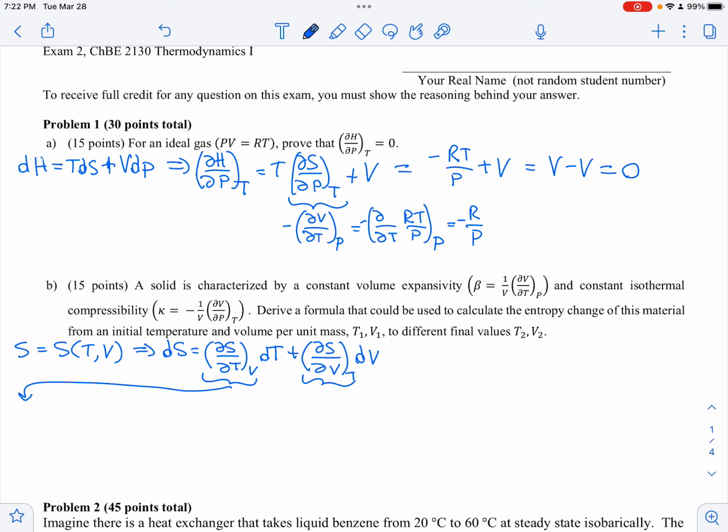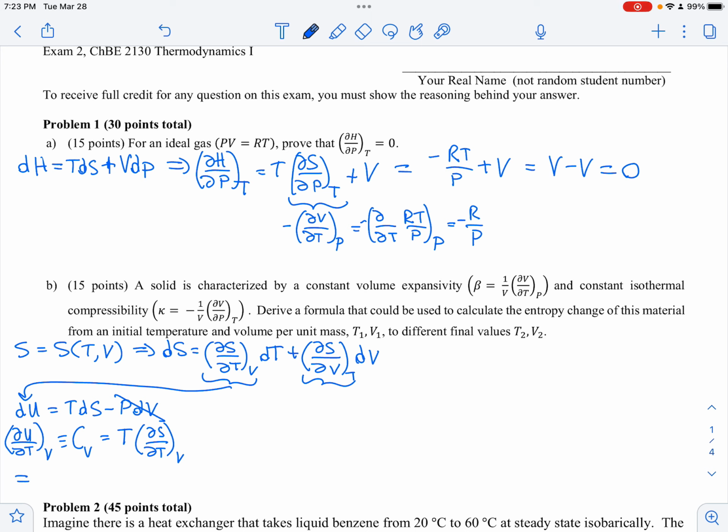And the way you relate it is, since you have constant V, you want to get something in terms of CV, so I would use dU, because CV is defined as dU/dT at constant V. So I'll use a fundamental property relation in terms of U, that's T dS minus P dV, and I'll generate dU/dT at constant V, which is the definition of CV, and this would equal T dS/dT at constant V, and since V is constant, dV would be 0.